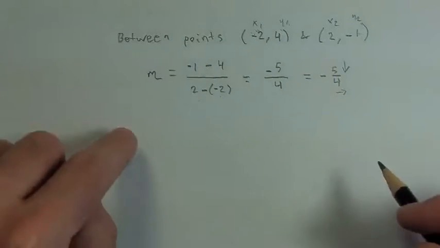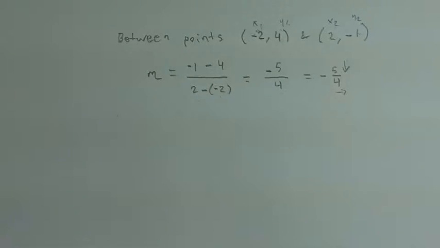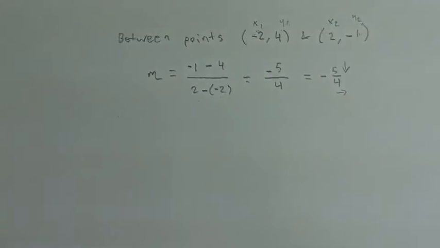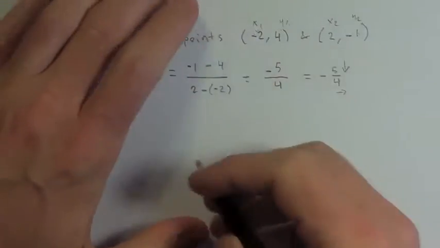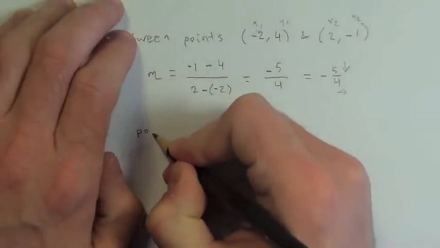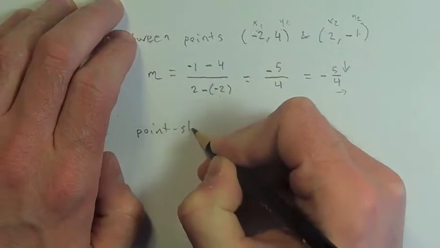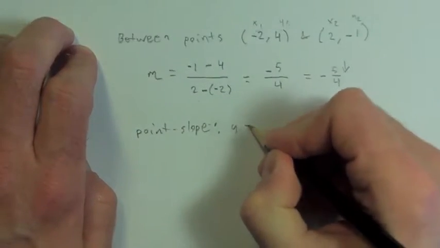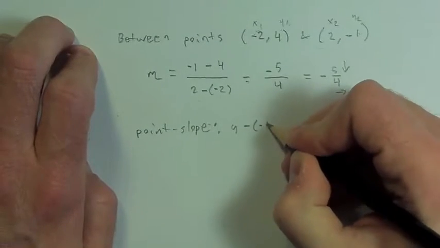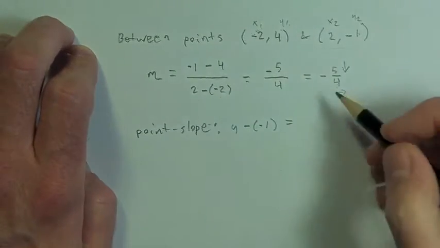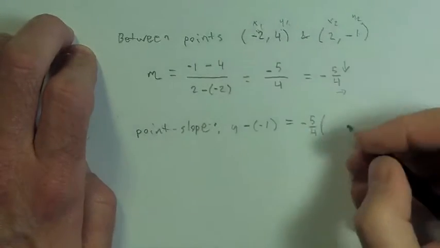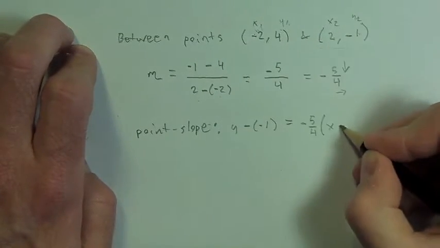Alright, now let's find the point slope form. In general, it does not matter which point you use, but I'm going to use the second one. So, point slope is going to be y minus this -1, which is equal to our slope, -5/4, times x minus 2.